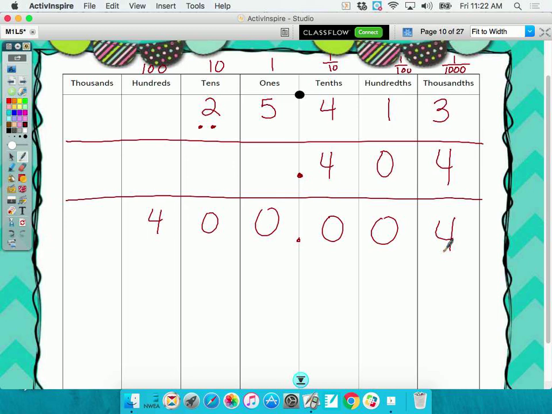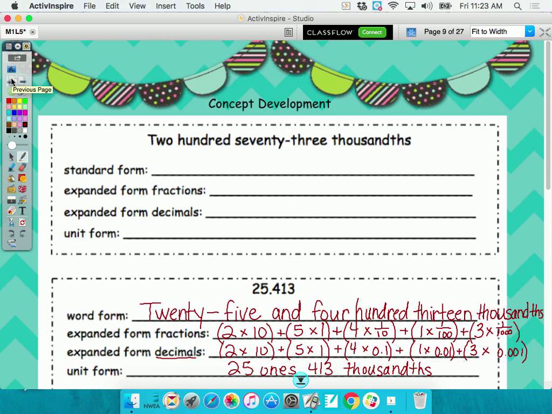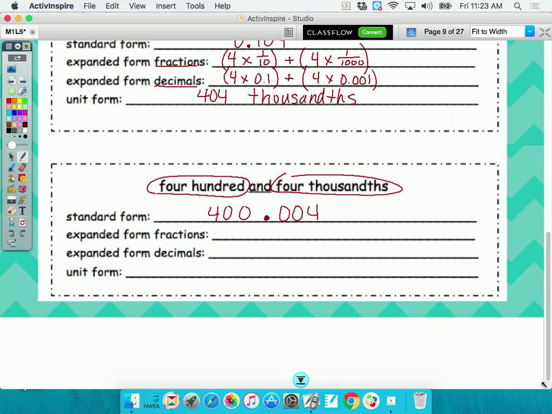And 4 copies of 1/1,000. Okay, 4 times 100 plus 4 times 1/1,000. Change that to decimal form. This time you only change one thing. I'm looking at yours. Okay, good.